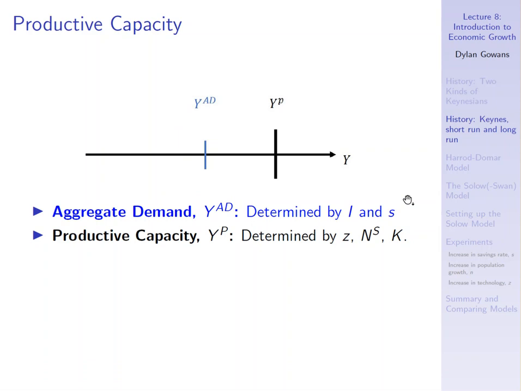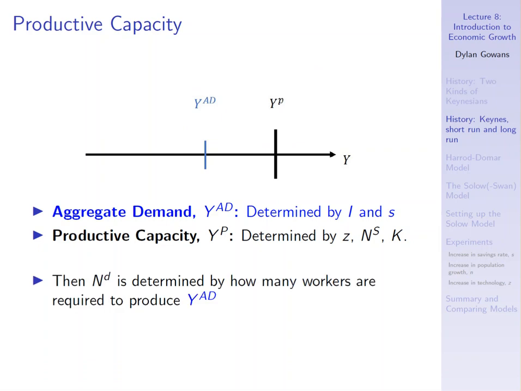Given I and S, we get some aggregate demand, and in general it's going to be less than productive capacity. And the final step is that labor demand is determined by how many workers are required to produce what is demanded in the goods market.